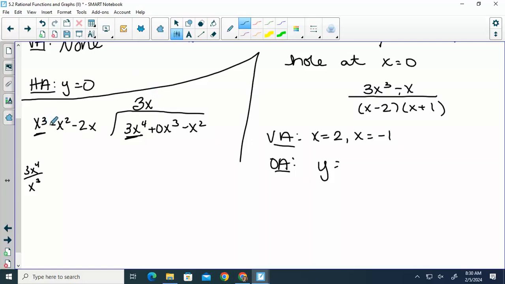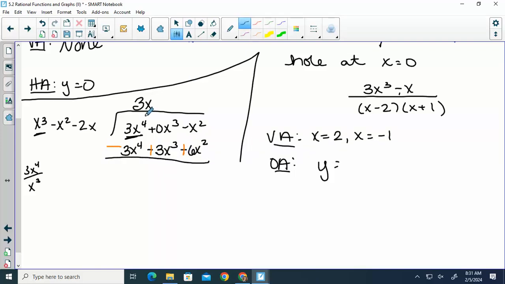So 3x times x to the 3rd would be 3x to the 4th, 3x times negative x squared, negative 3x cubed. 3x times negative 2x is negative 6x squared. Does everybody know where I got that line? Okay, so long division. You divide, you multiply, and then we subtract. So the easiest way to do that is to run a negative through all this.